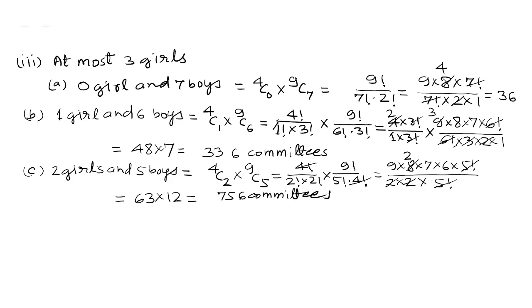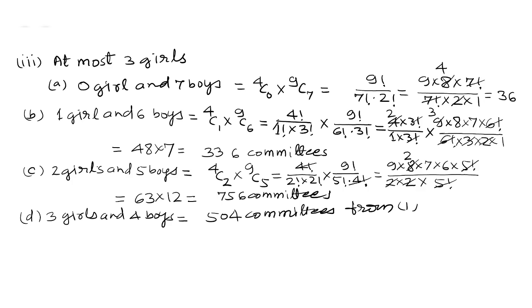So this is 756 committees that can be formed with 2 girls and 5 boys. And part D, 3 girls and 4 boys, equal to 504 committees from part 1 of the question. We have already solved this condition in part 1 of this question.